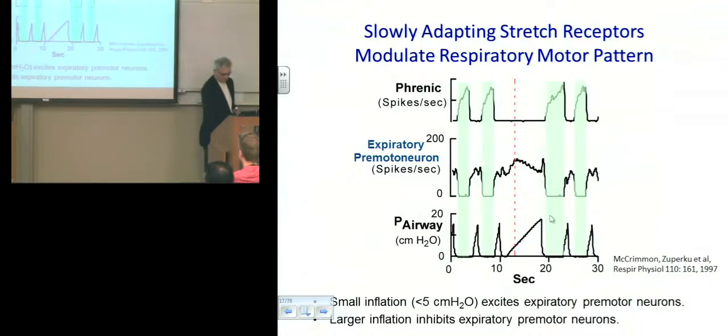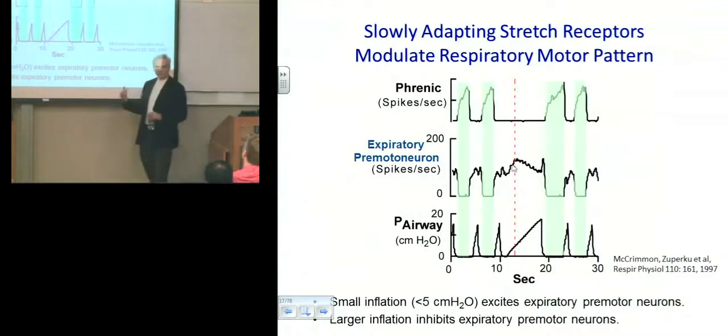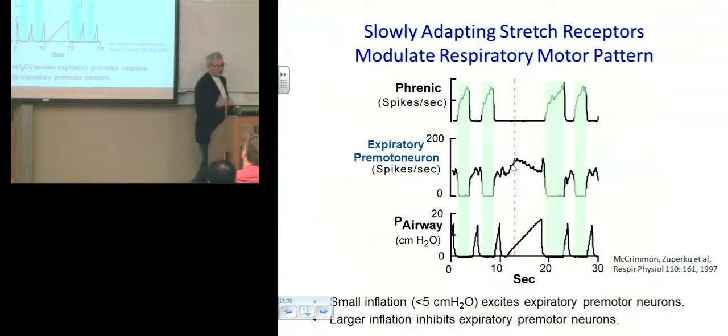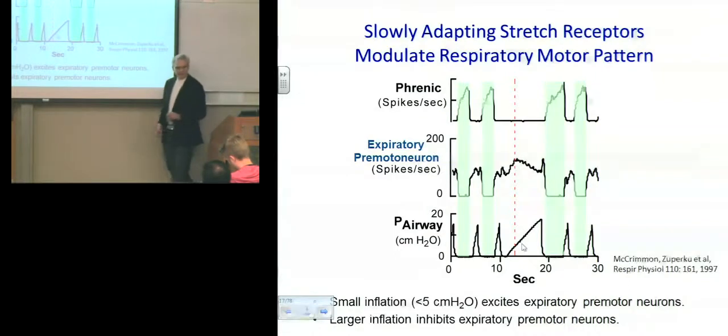But if you record from the caudal ventral respiratory group, the expiratory neurons, you find that at low pressures, you actually have an increase in their discharge, which you might expect would facilitate expiration.